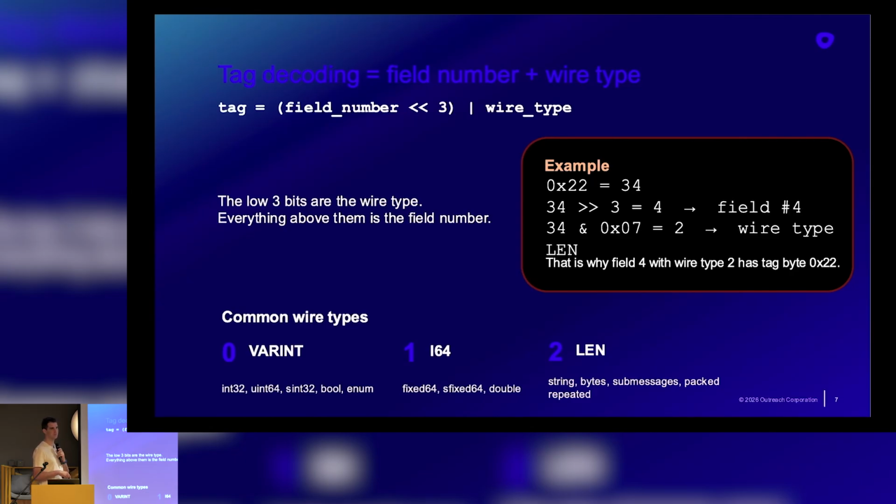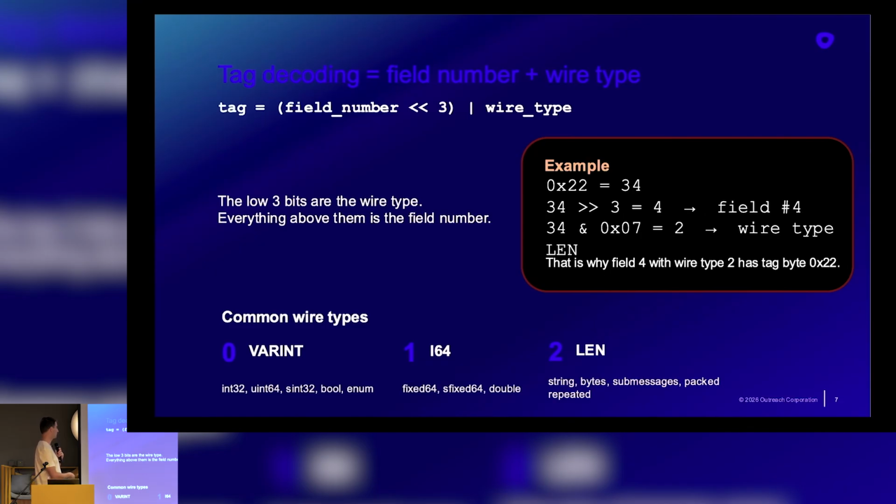Some are deprecated, but these are the main ones that are being used on the protowire layer. So as I said, it's 1 byte. Actually, it's not 1 byte. It's this guy, the VarInt, which means we can have a lot of field numbers, right? We are not limited.